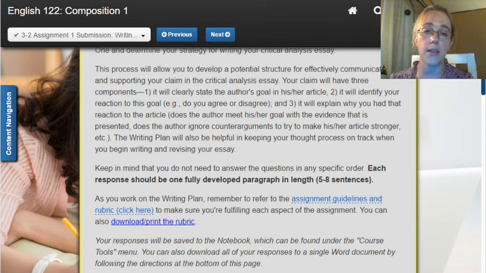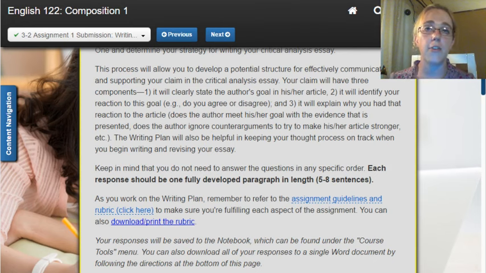Okay, so in my instance, because I'm working with that McFadden article, I would say clearly McFadden's goal was to communicate how she thinks the use of gender-neutral terms is silly and overused. And then I would identify my reaction to McFadden's goal. I would say I disagree with McFadden's goal or point. And then explain why I had that reaction.